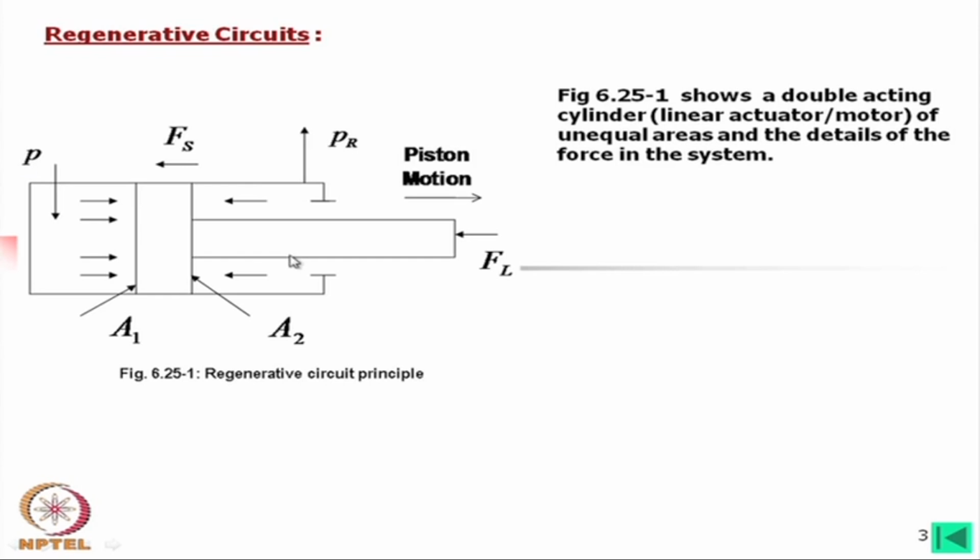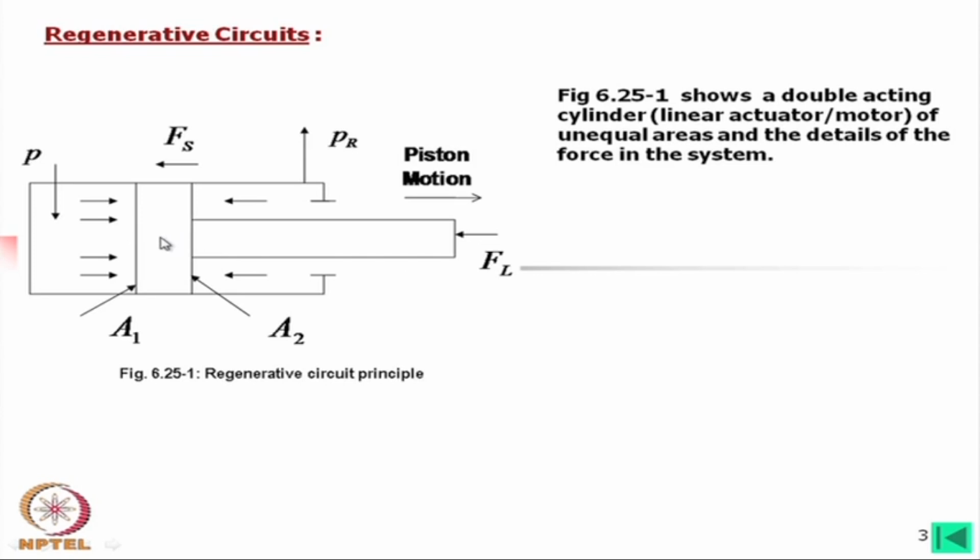If this side is connected directly to the tank, then the pressure will only be some resistance to flow of the oil, otherwise there should not be any pressure.